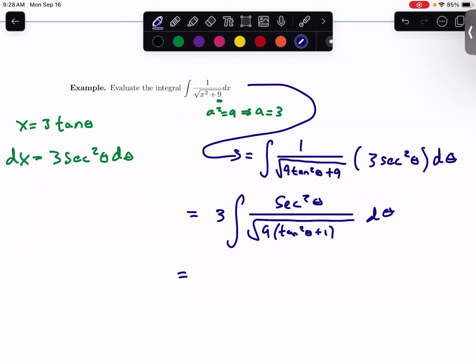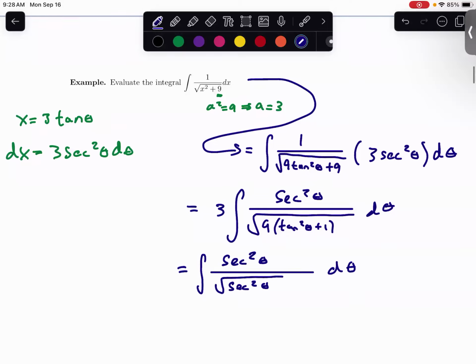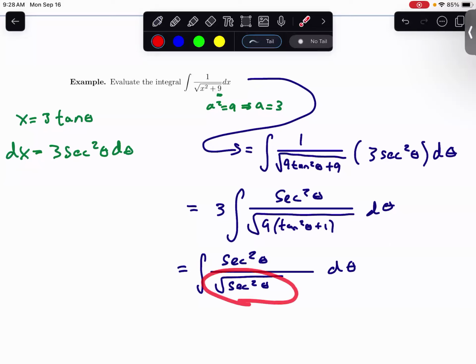So this is really just going to end up being the integral of secant squared theta over the square root of secant squared theta, d theta. The square root of secant squared just gives you secant. So you have secant squared over secant, which just gives you secant.